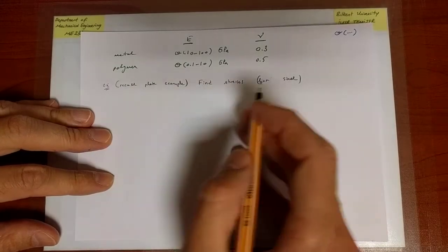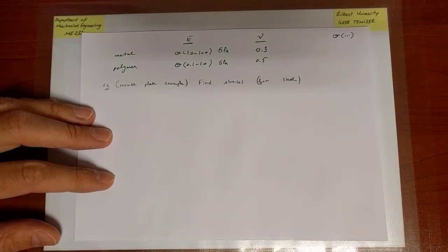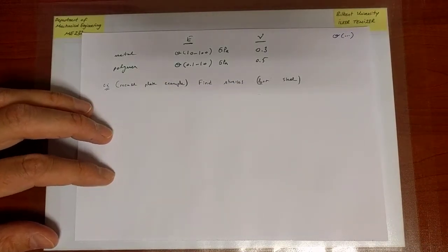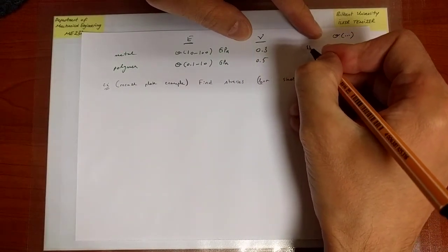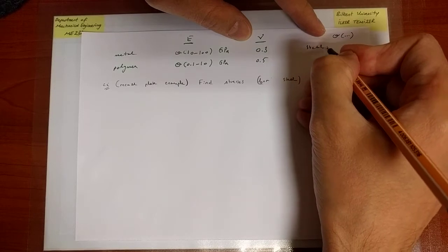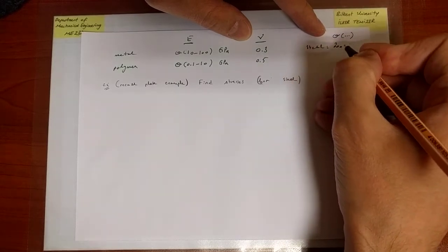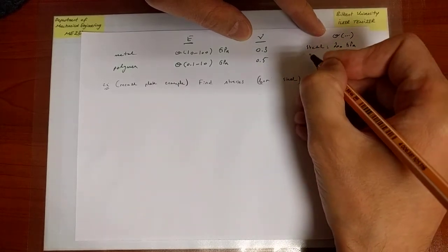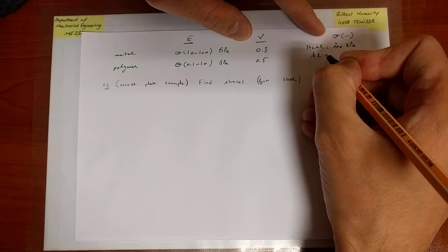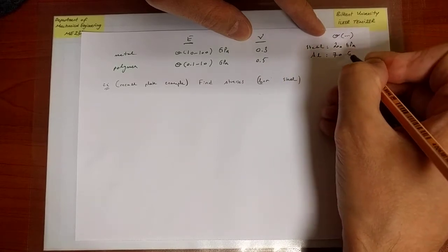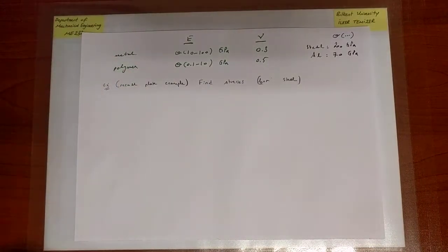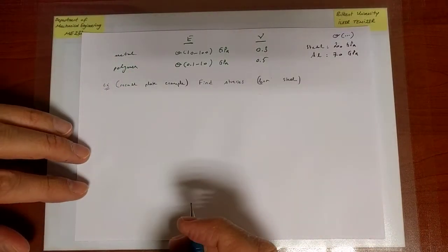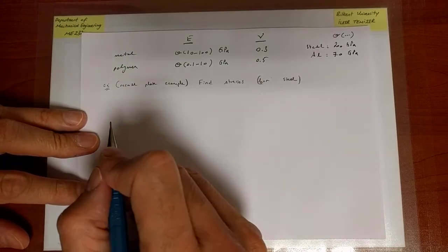Okay, so having said that, we can also keep in mind that for steel, for instance, the Young's modulus is about 200 GPa, and why don't we keep in mind the value for aluminum as well, which is 70 GPa. So these two values we're going to come across quite frequently.